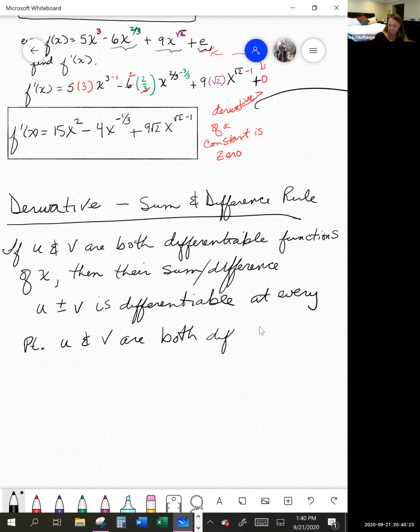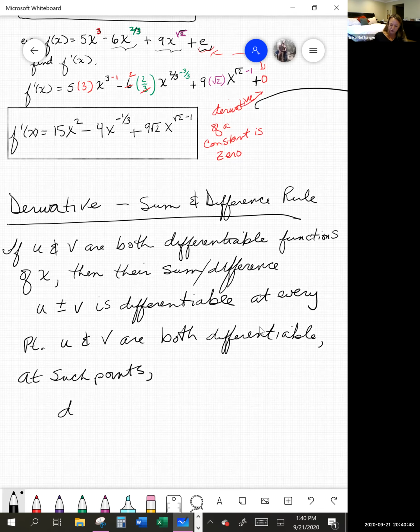Okay, that's going to be helpful later on to know that they both have to be differentiable at that point, at each point. So at such point, we have the following.